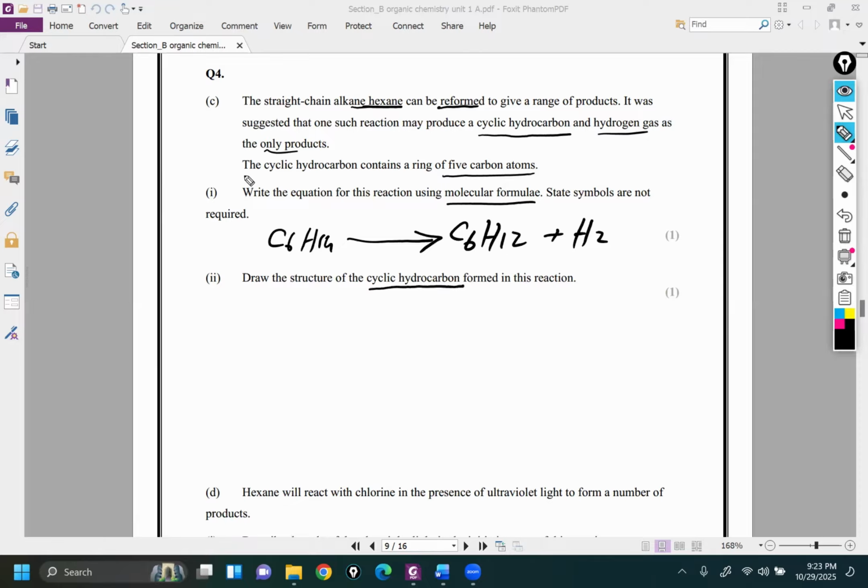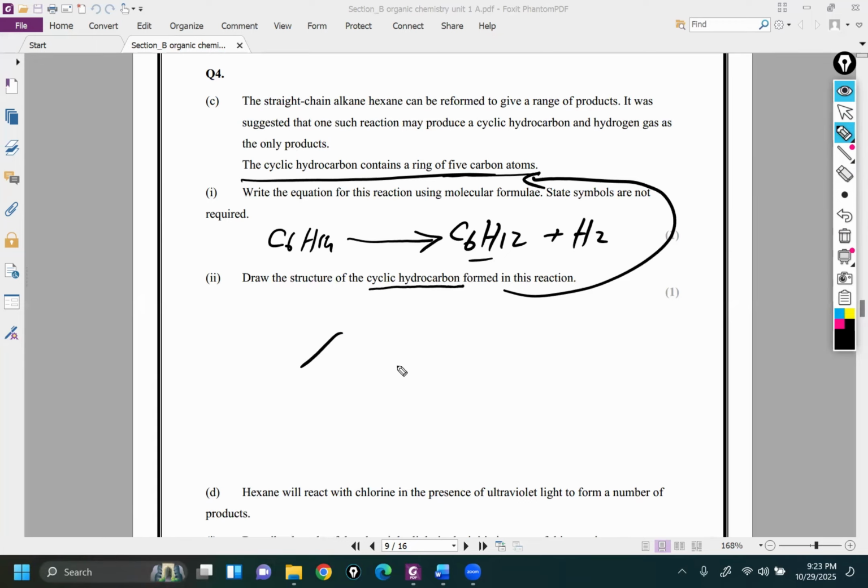They give a clear indication that the cyclic hydrocarbon contains a ring of 5 carbons, but overall there are 6 carbons. So it's very simple. You will draw cyclopentane and just attach the 6th carbon as a branch. So very easily you can reach your answer.